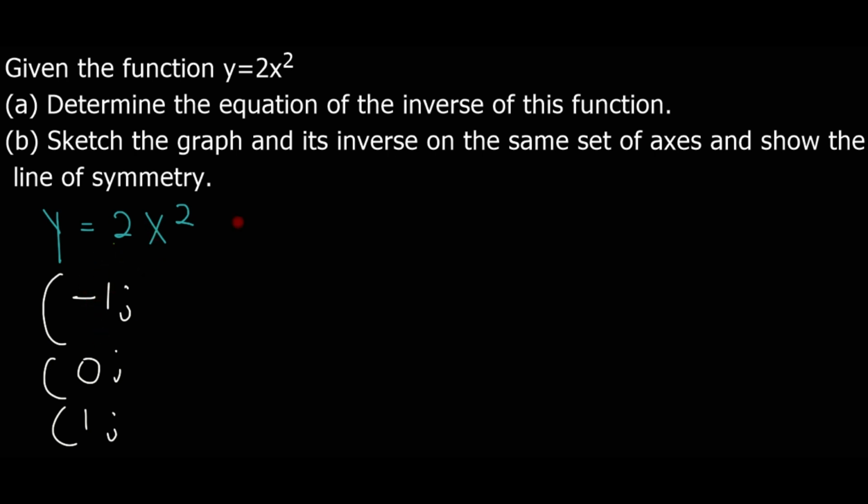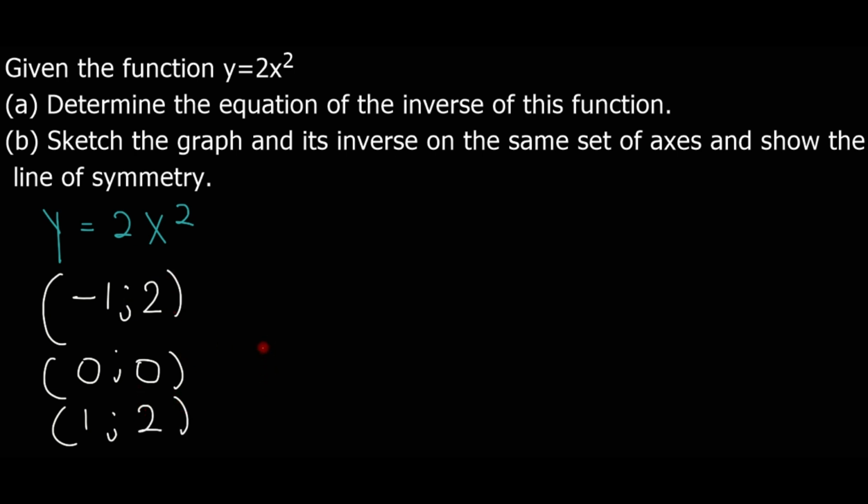So now, because we want y, we substitute x and find the corresponding y. Substituting -1 here, we get 2. Substituting 0, it will be 0. And substituting 1, it will also be 2. So these are our points.